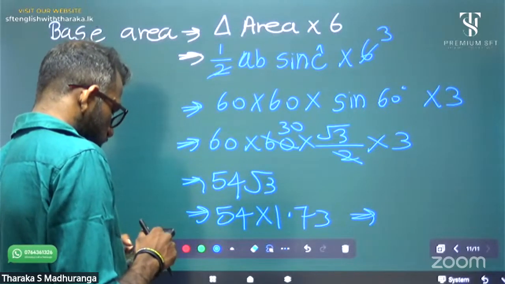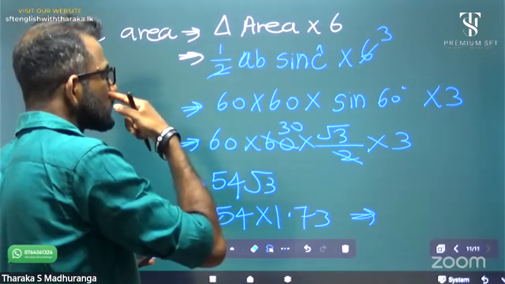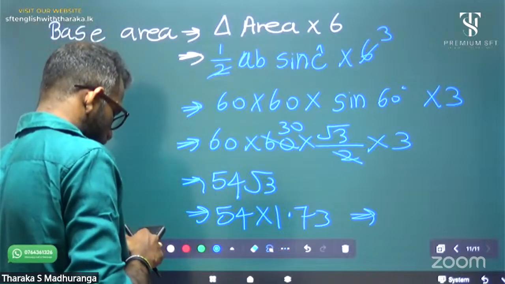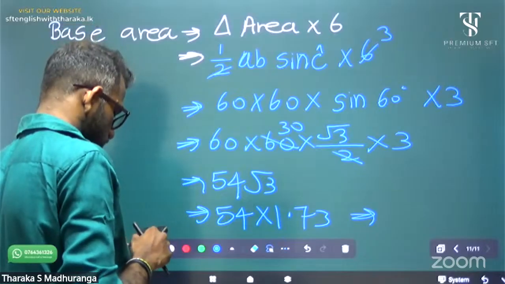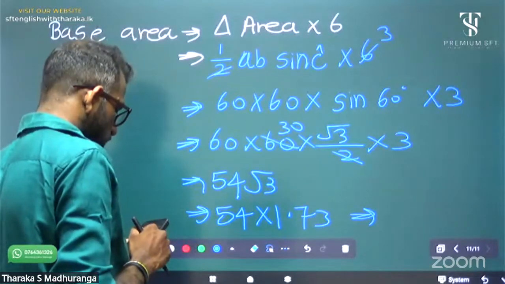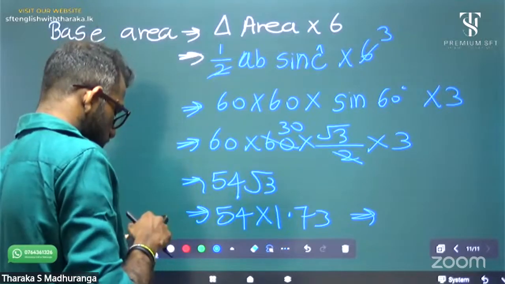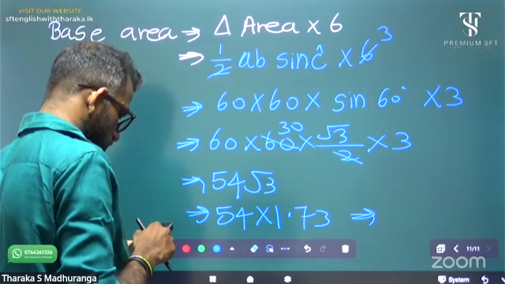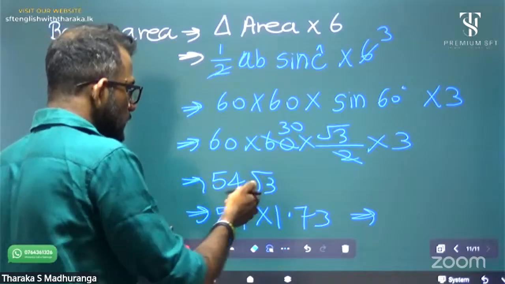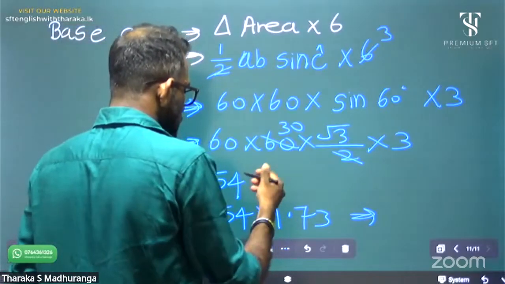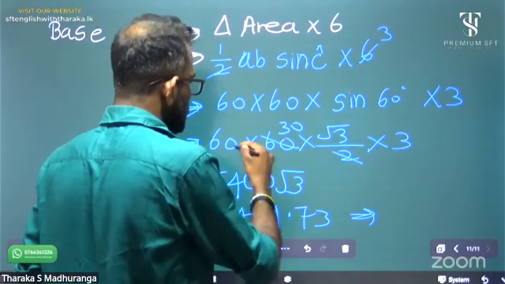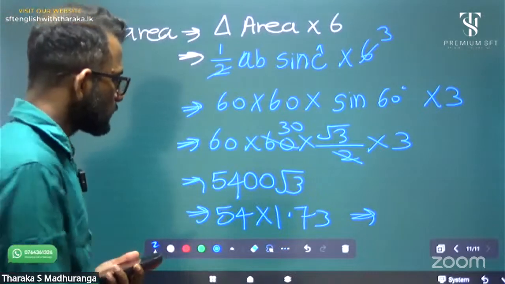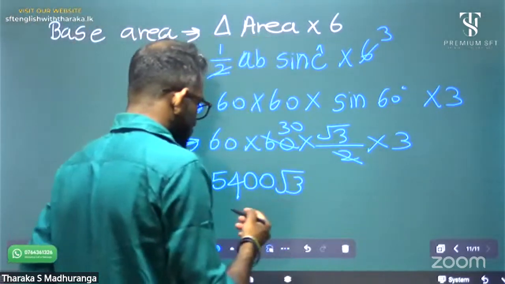My bad, my bad. It's 16 to 16. Sorry, 10 there. Yeah. Root 3. Because 16 to 30. I have multiplied only 6 into 3 into 3. Yes. I forgot these 2 zeros.